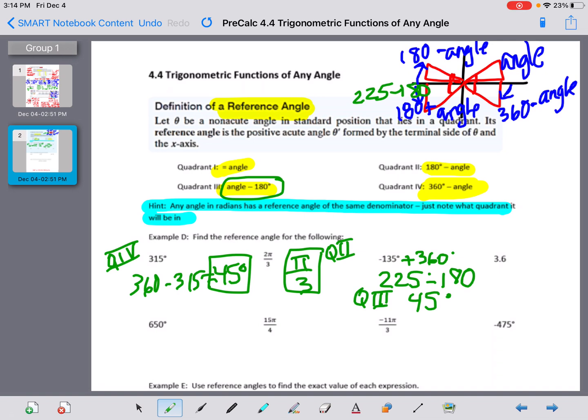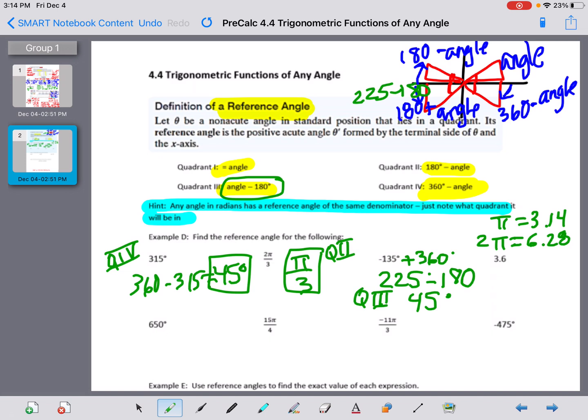3.6. Where's 3.6? What is 3.6? I don't have any markings on this. There's no label, and anything that's unlabeled is assumed to be radians, okay? So stop and think. 0 to pi. Pi is about 3.14, okay? 2 pi, which is the full way around the circle, is 6.28, right?